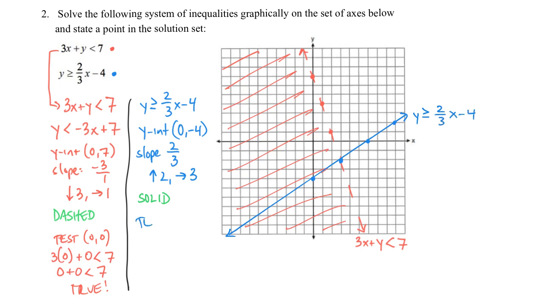And now all I need to do is test 0, 0. So 0 is greater than or equal to 2/3 times 0 minus 4. 0 is greater than or equal to 0 minus 4. 0 is greater than or equal to -4. That's true. So in this case also, I want to shade towards 0, 0.